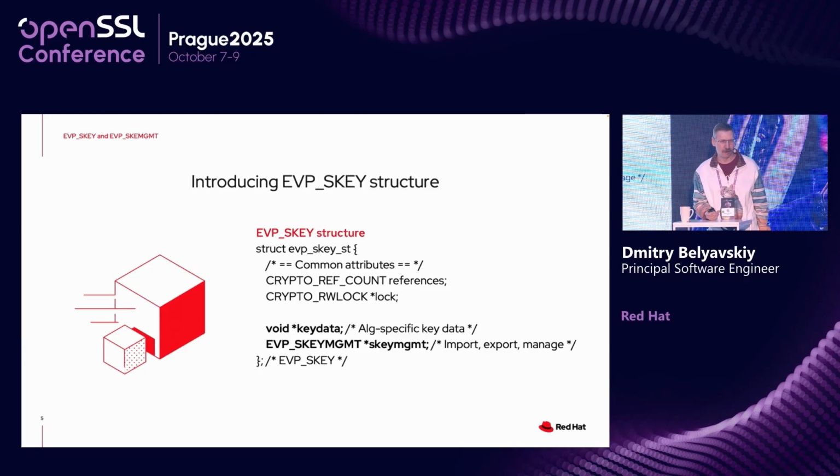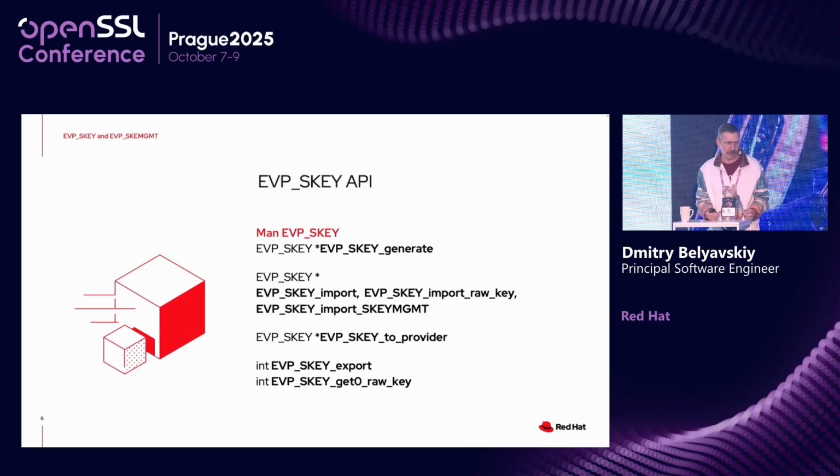So you see now that the EVP_SKEY structure that we introduced has basically four fields. Two of them are used for reference counting, and two of them are responsible for real data processing: the void pointer to the provider-specific key data, and a pointer to EVP_SKEYMGMT.